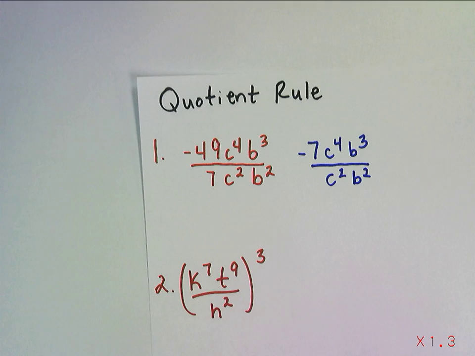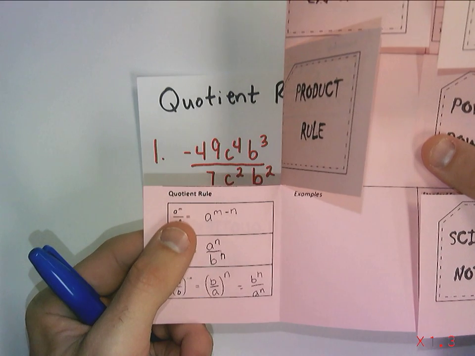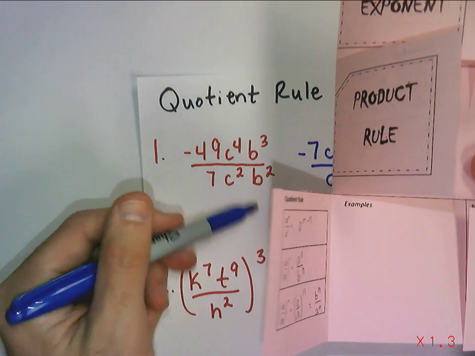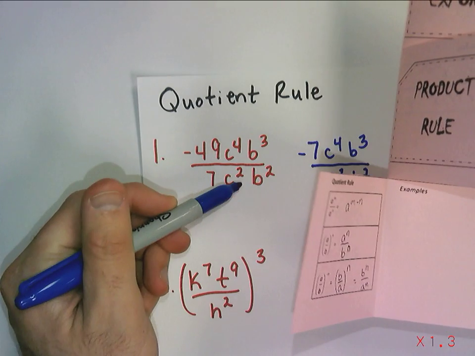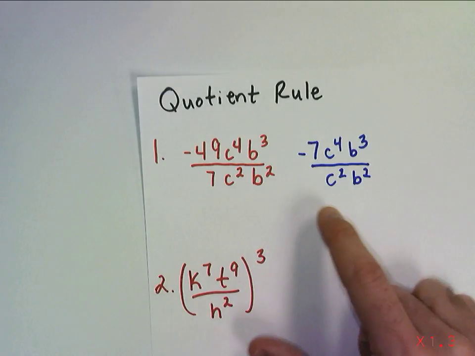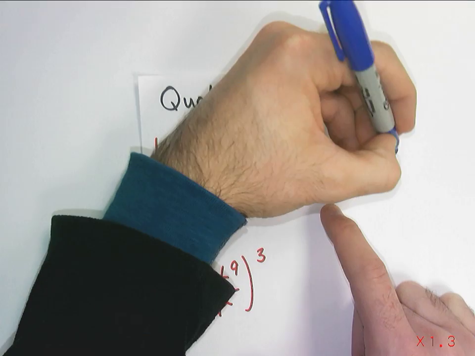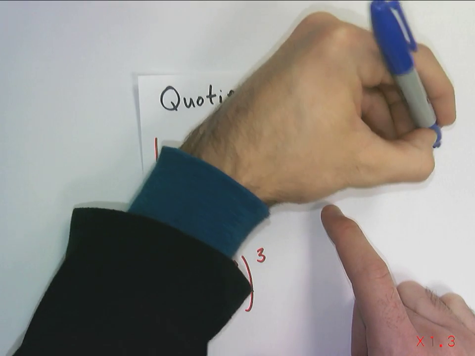Now if we think back to our quotient rule, what it says is if I'm dividing something with the same base, so in this case I have c and b, then I need to subtract the exponents, the numerator from the denominator. So I would do 4 minus 2, which is 2, so that would be c squared.